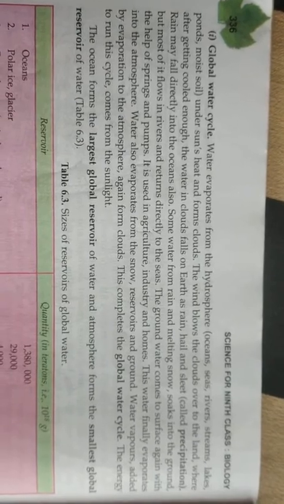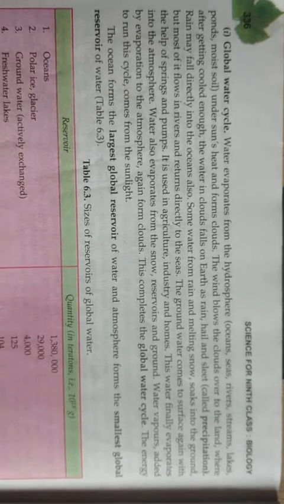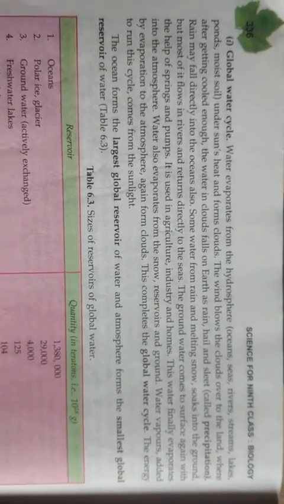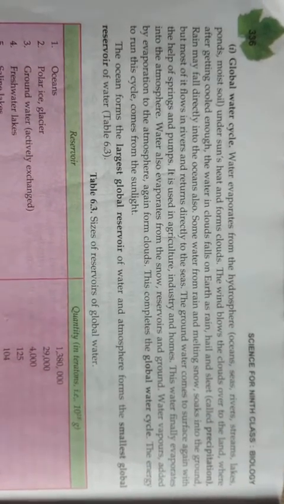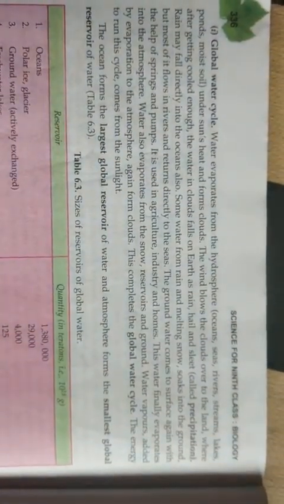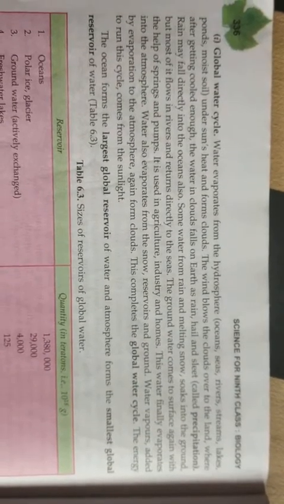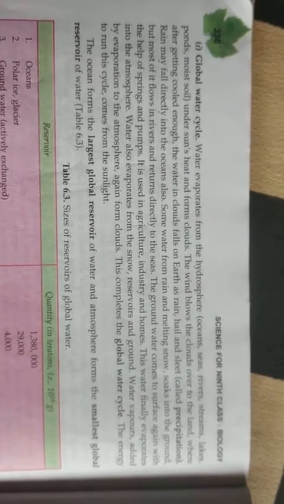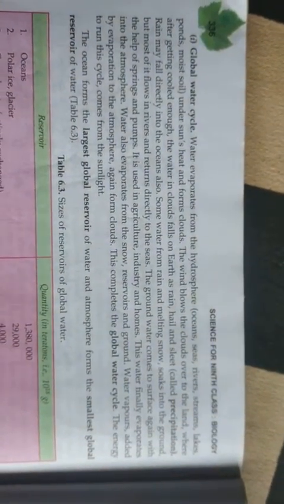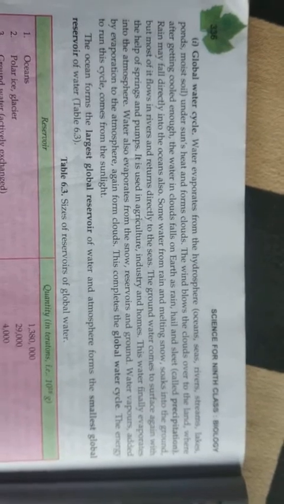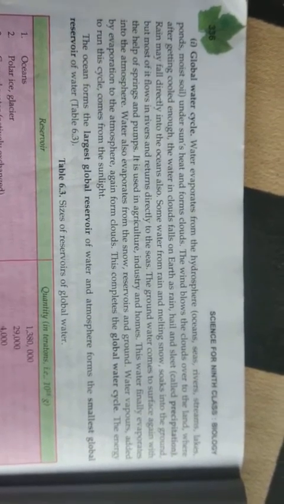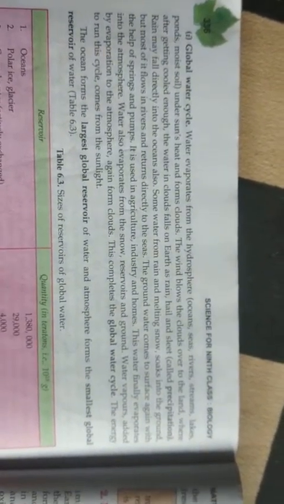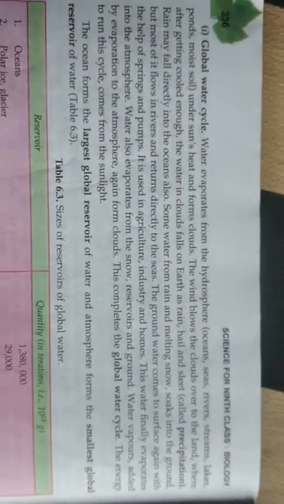The first one is the global water cycle. The maximum amount of water is present on the surface of the Earth. It evaporates from the hydrosphere, that is, from the different water bodies, which may be oceans, seas, rivers, streams, lakes, or any other water bodies.